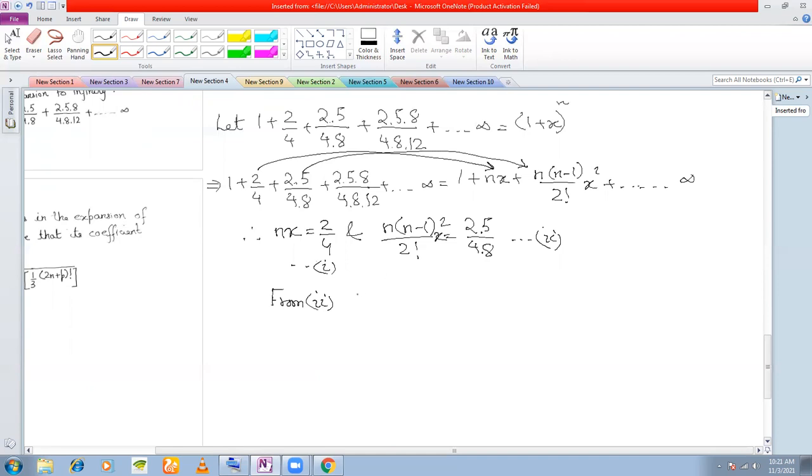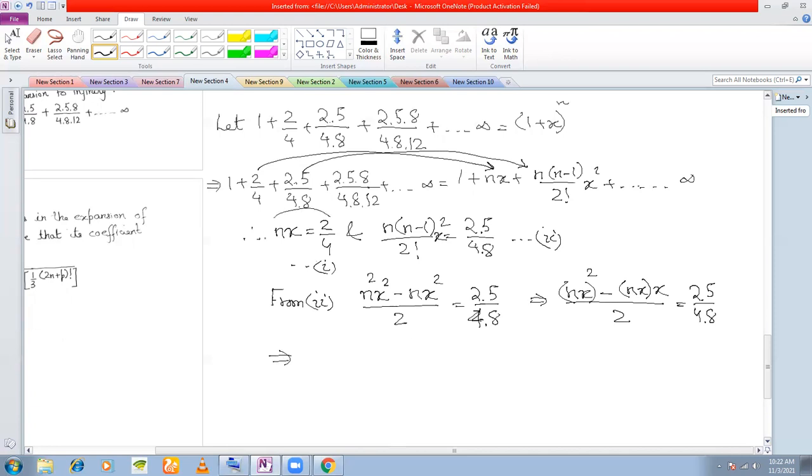So if from 2, if you multiply, you get n square x square in fact, minus n x square divided by factorial 2 is equal to 2 into 5 by 4 into 8. That means this is n square x square can be written as nx square minus nx square can be written as nx into x divided by 2 is equal to 2 into 5 by 4 into 8.